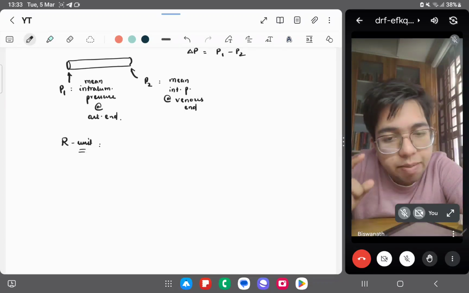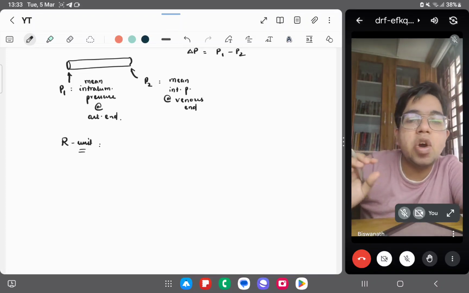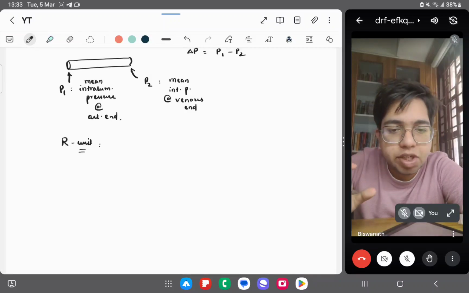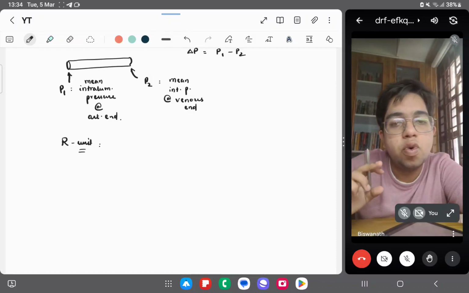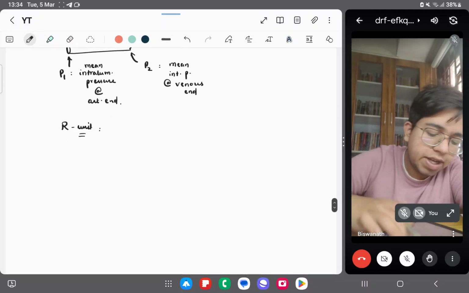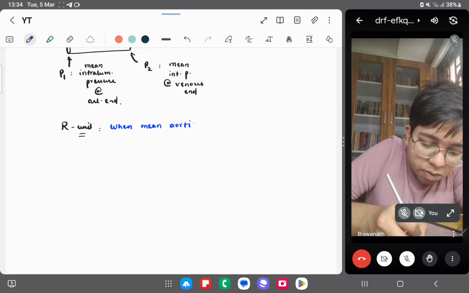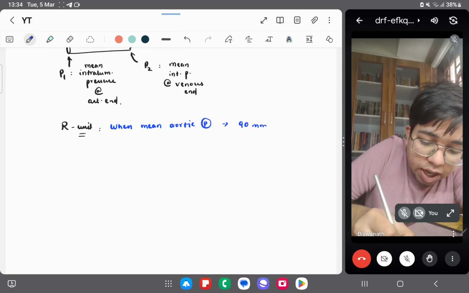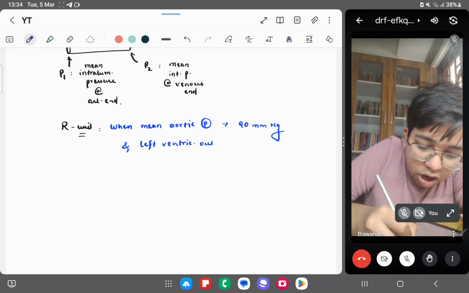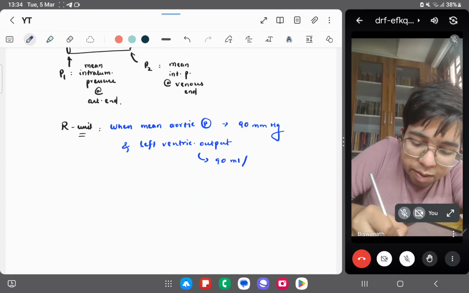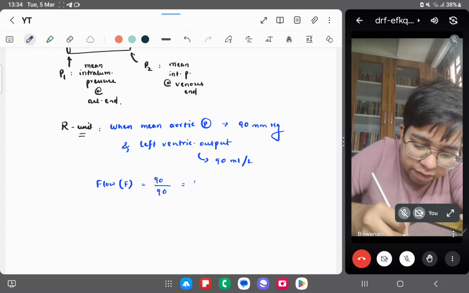Just mark my words: if the mean arterial pressure, you can say aortic pressure, if the mean aortic pressure, let's assume, is 90 mmHg, and the left ventricular output is also 90 ml per liter, then the flow F is equal to 90 by 90, equal to 1.